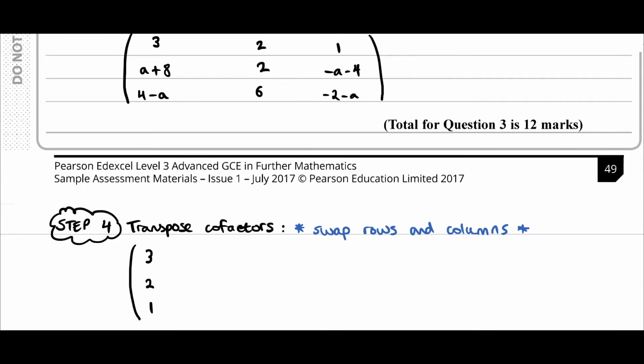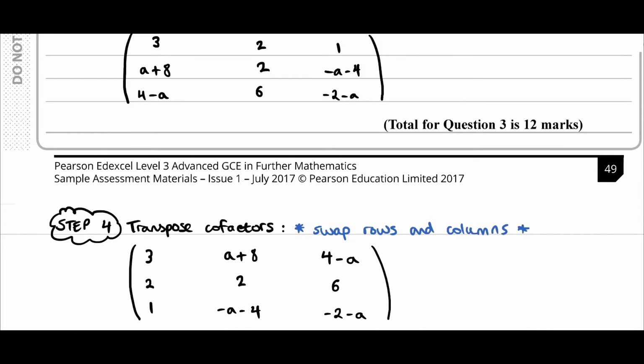A plus 8, 2, minus a minus 4. And then our last row, 4 minus a, 6, minus 2 minus a, that becomes our last column. So we have 4 minus a, 6, minus 2, minus a.